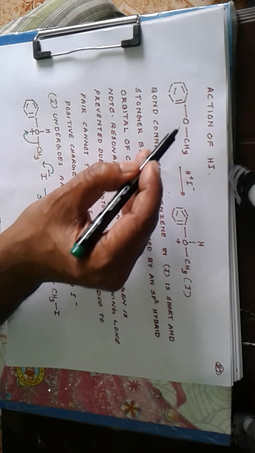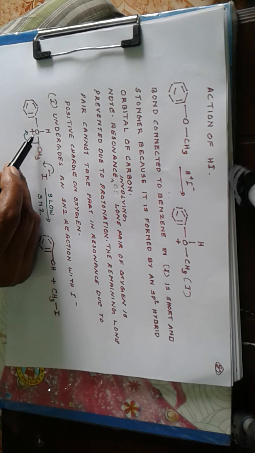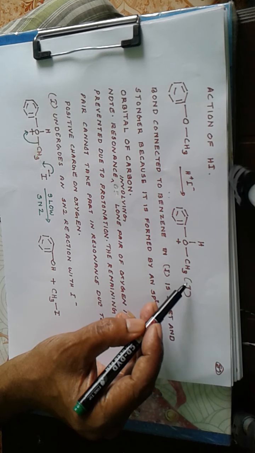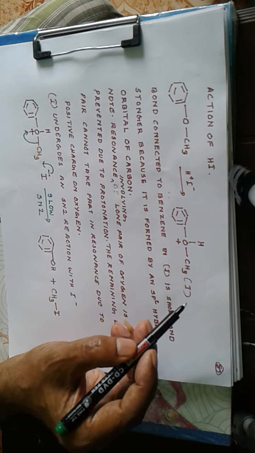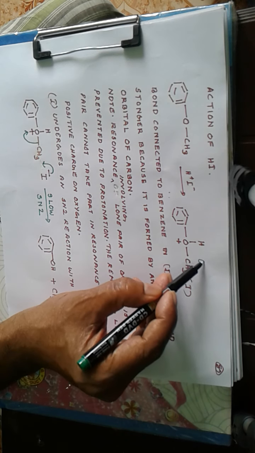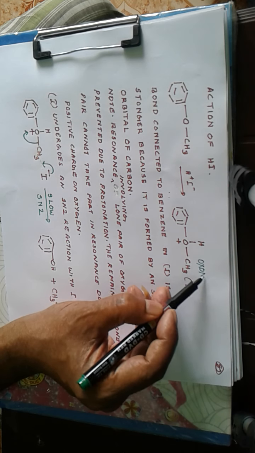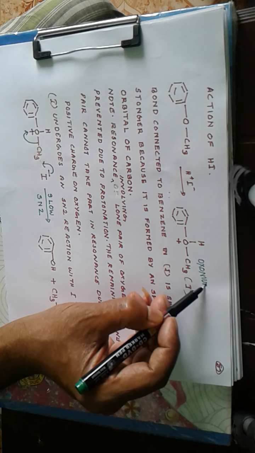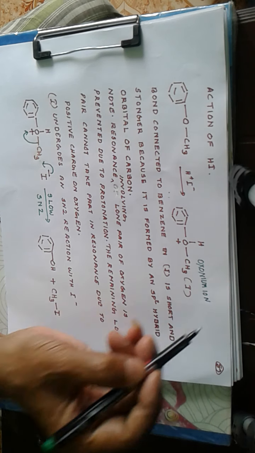H positive first connects to this oxygen, giving the oxonium ion. It is ion 1 marked here. So it is an oxonium ion. Oxonium means positive charge over oxygen.